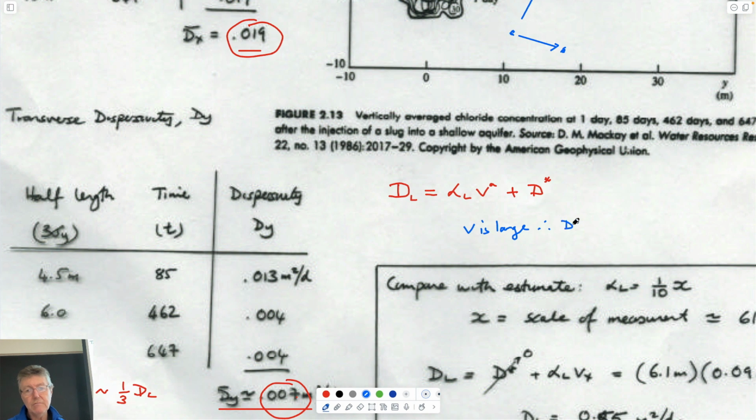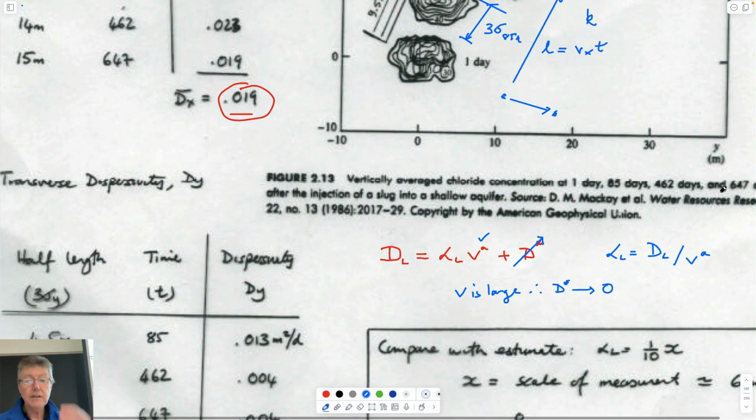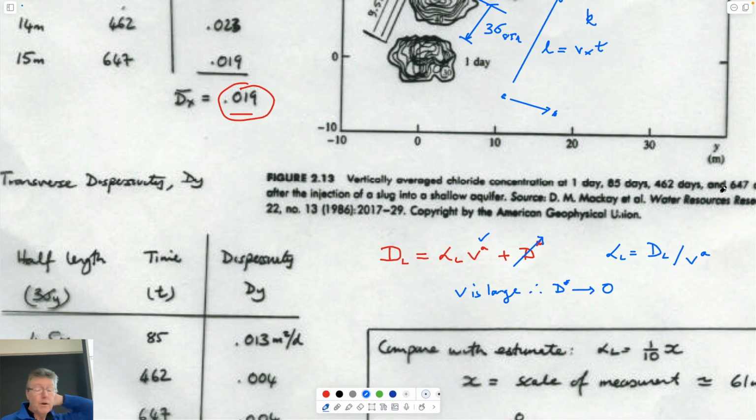Therefore, d star goes to 0. If d star goes to 0, and we know what the advective velocity is, then alpha L is equal to the measured value for the dispersion that we get divided by the advective velocity. Nothing more than that. Right, just manipulating it. So it's really kind of a two-step equation.